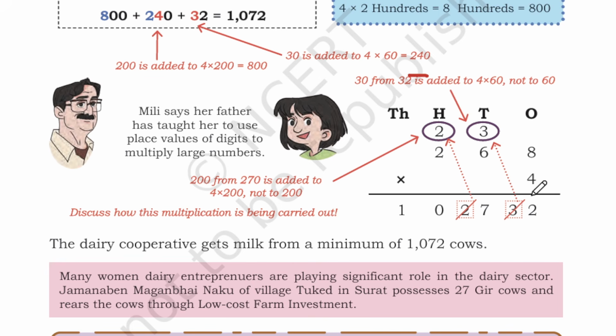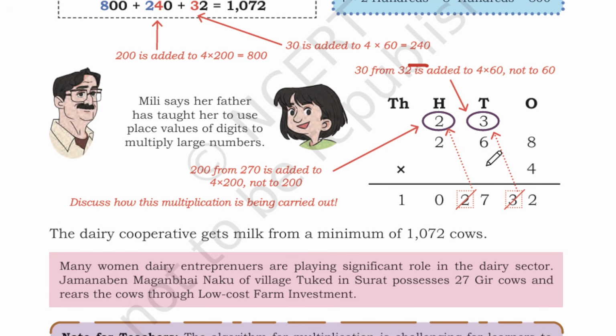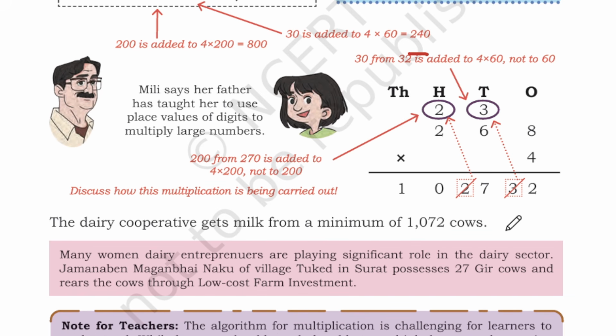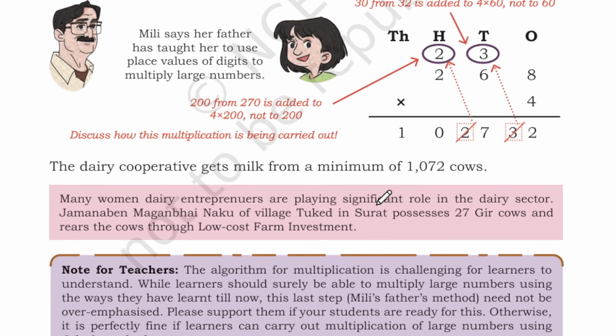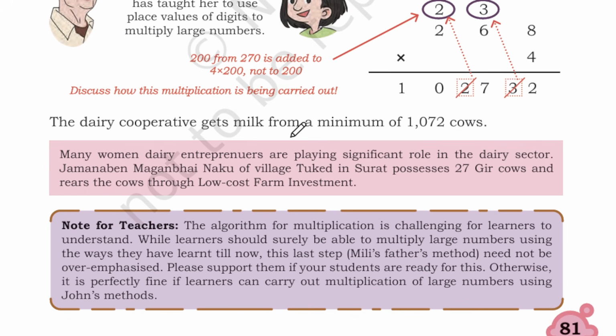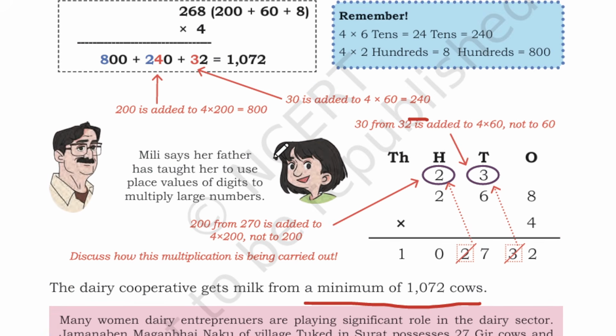So multiplying larger numbers, place value is very very important, students, otherwise you will make mistakes. Okay. So now you look at this, correctly they are multiplying. So 4 into 8, again 4 into 6, again 4 into 2, you have to multiply and bring the answer, otherwise you will get incorrect answers. Okay, the dairy cooperative gets milk from a minimum of 1072 cows.